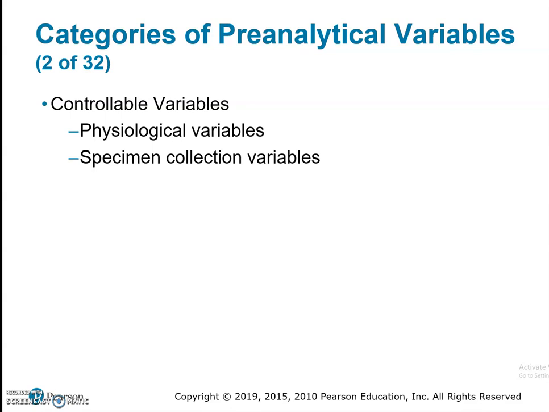So there are variables that we do have control over. Specimen collection variables: we have control over the type of needle we use, what type of cleaning prep we're going to use for that particular patient. What position do we need our patient in order to draw the blood effectively? We're also going to look at other things that we might have control over in those circumstances with specimen collection.